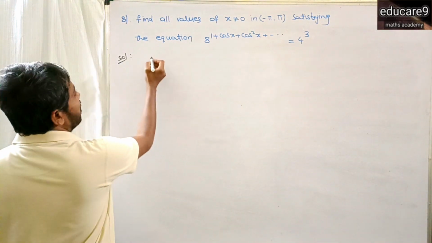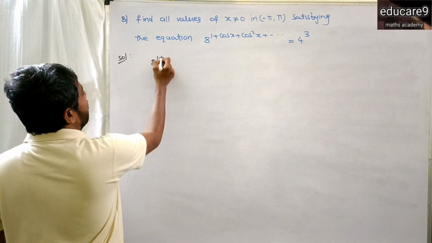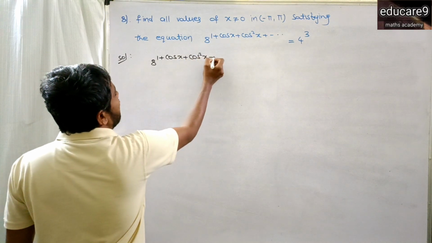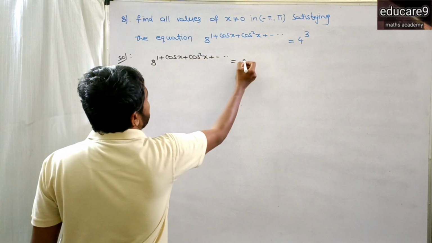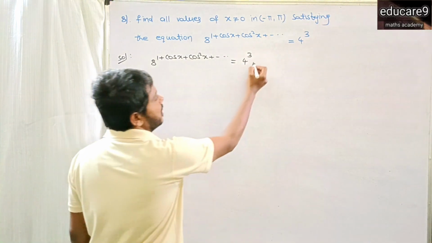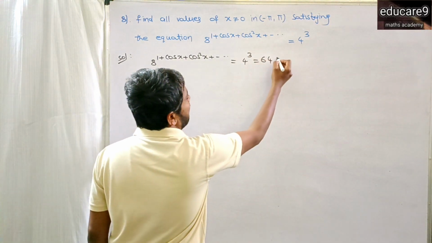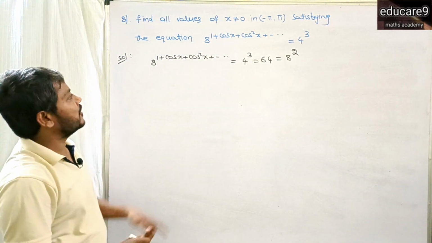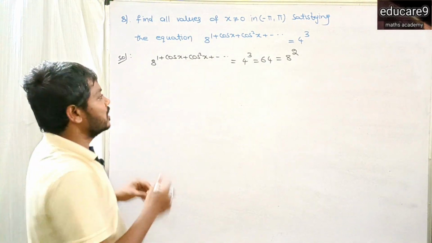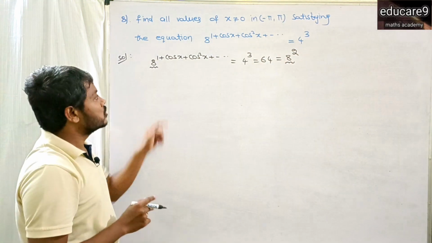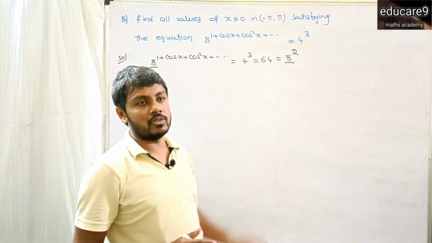Now given 8 power (1 plus cos x plus cos square x and so on) equals 4 cube. We know that 4 cube value is 64. Again 64 can be written as 8 power 2. Because the left hand side base is also 8, clearly both bases are equal. So the powers should be equal.